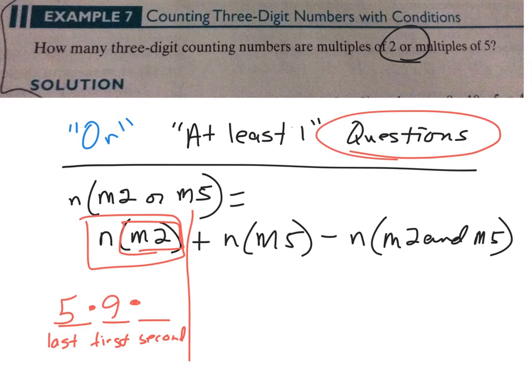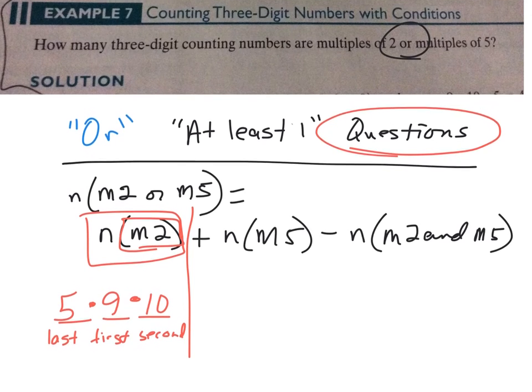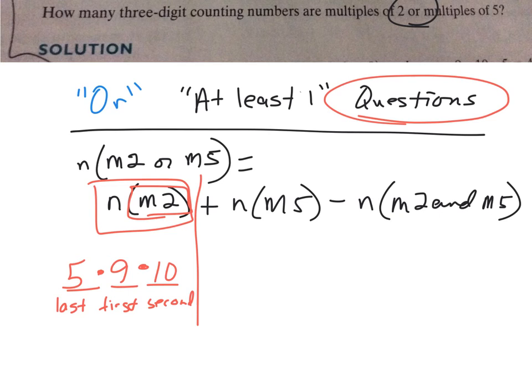And there's no restriction on the second digit, so there's 10 ways it can happen. So 5 times 9 times 10 turns out to be 450. So there's 450 3-digit multiples of 2.